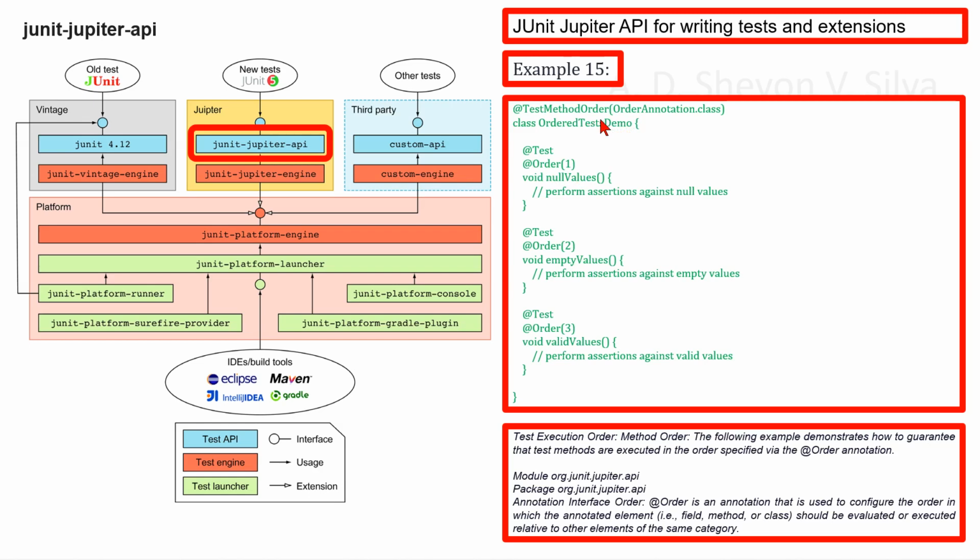MethodOrderer.Random orders test methods pseudo-randomly and supports configuration of a custom seed. MethodOrderer.Alphanumeric sorts test methods alphanumerically based on the names and parameter list. Deprecated in favor of MethodOrderer.MethodName, to be removed in 6.0.